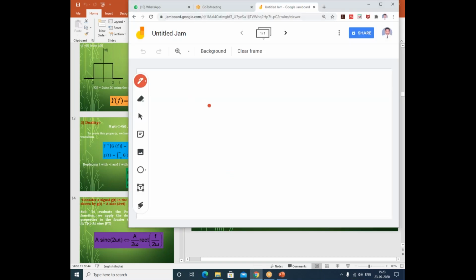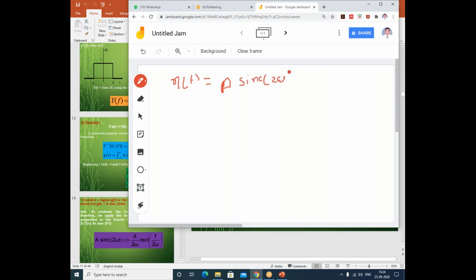Now the given problem is x of t equal to A sinc 2 omega t.